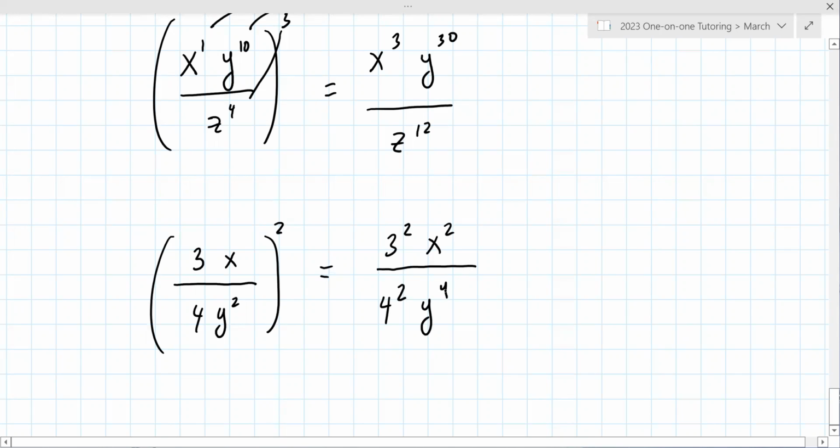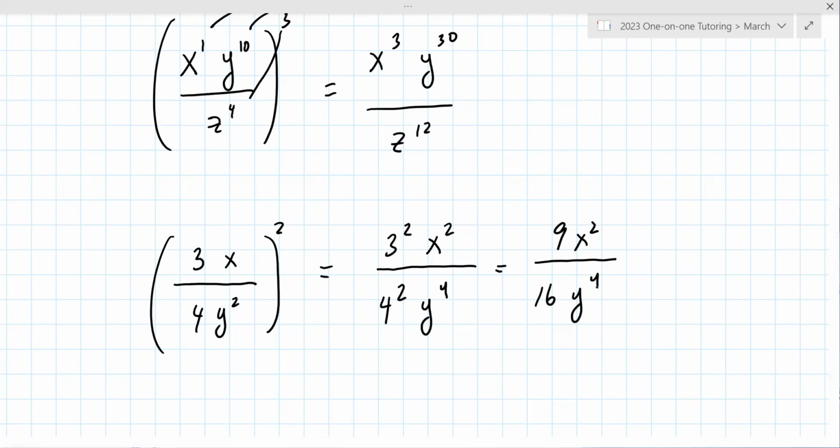Is that okay? So if that's clear, you then simplify. You've got 3 squared, that's 9, 4 squared, that's 16, y to the power of 4.